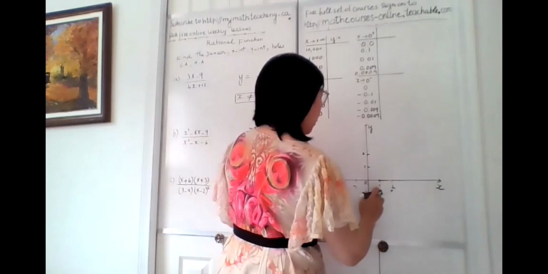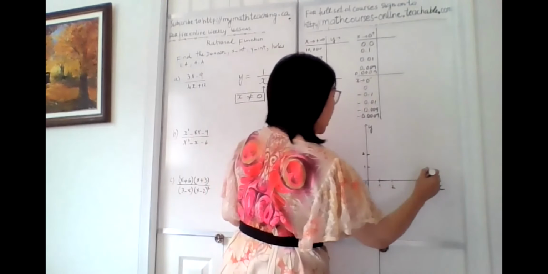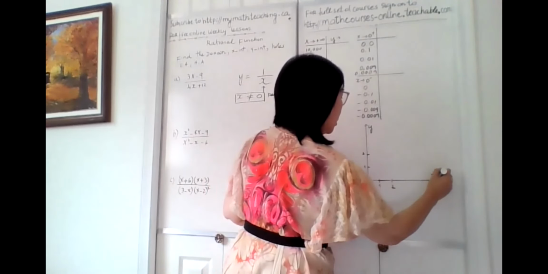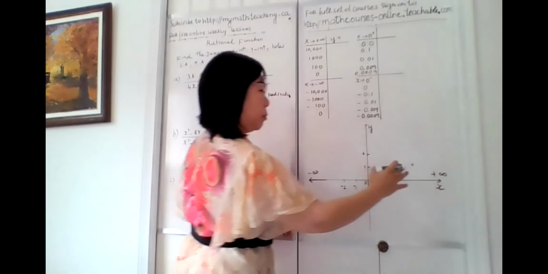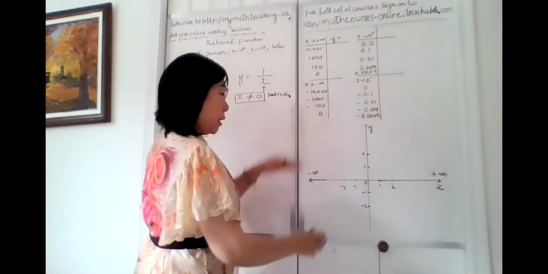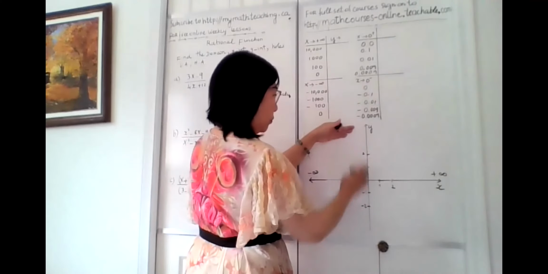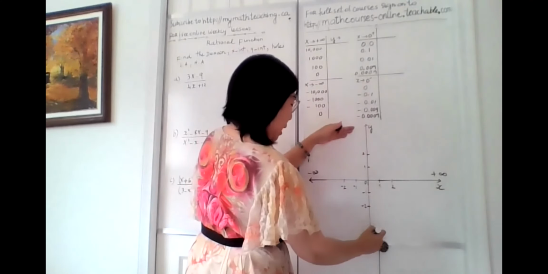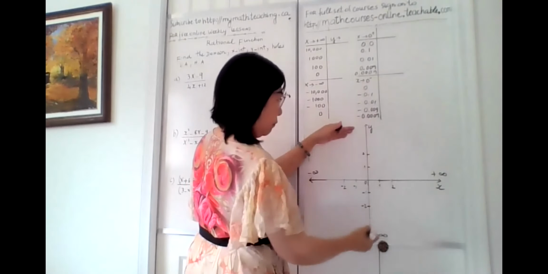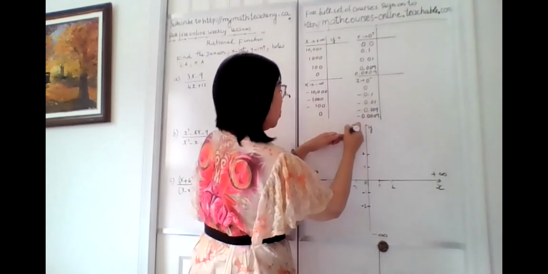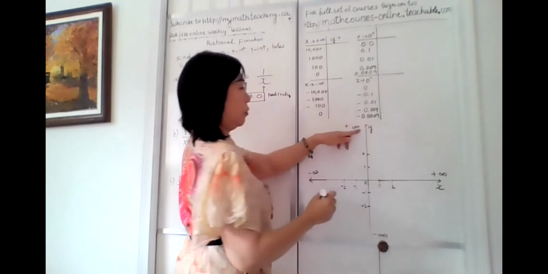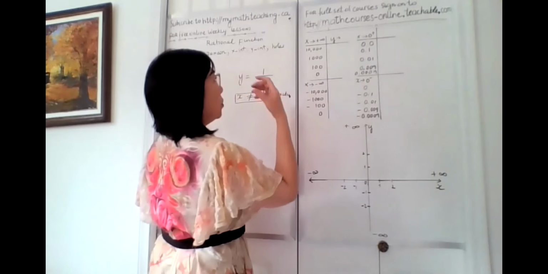And we continue to the positive numbers 1, 2, and then here will be a large positive infinity number. And we have both of these for both the y and the x-axis. So down here will be negative infinity for the y, and up here will be positive infinity for the y.